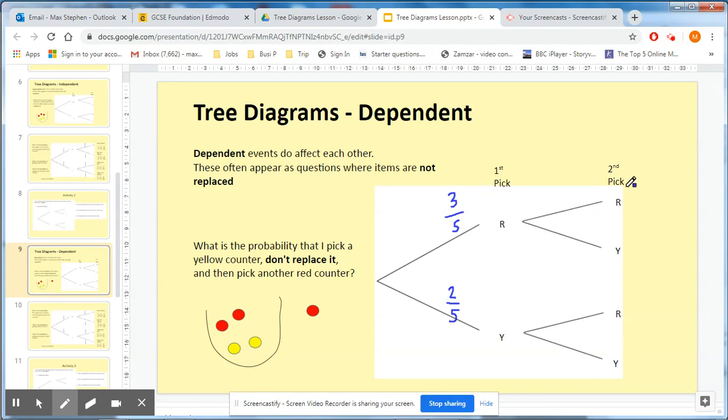So the probability of the second pick being red is going to be 2 out of a total of 4. So the amount that is in the bag has changed. And for my yellow, it's going to be 2 out of 4. So that is for my first scenario there.